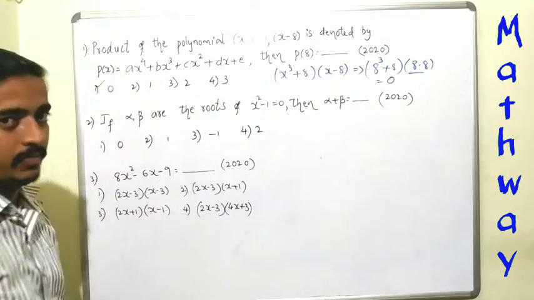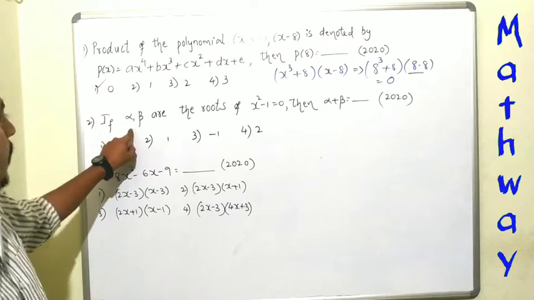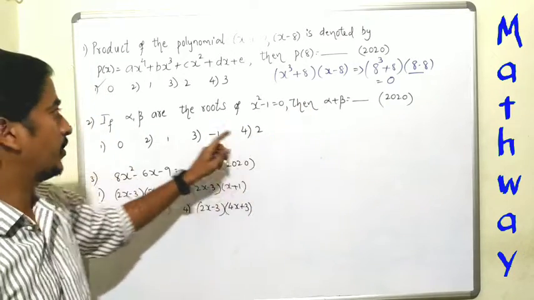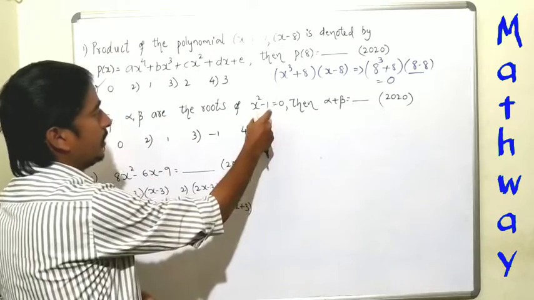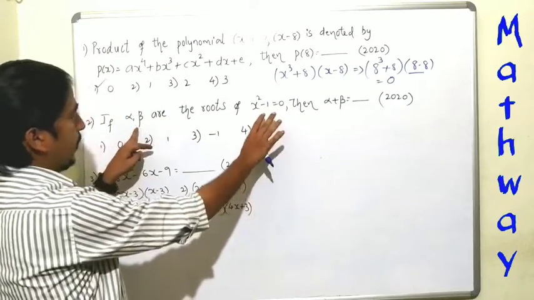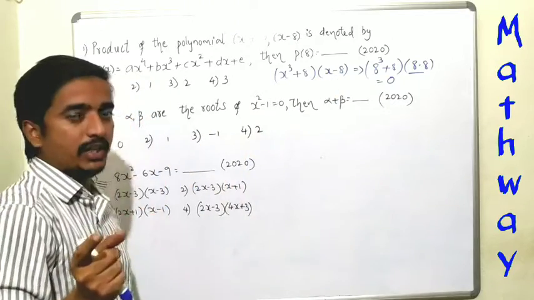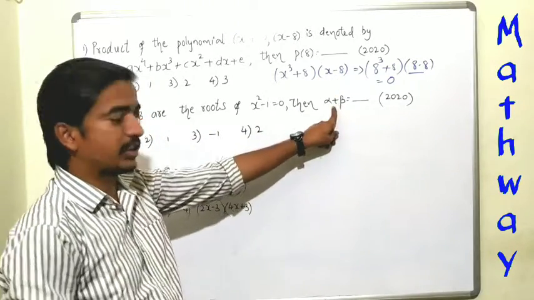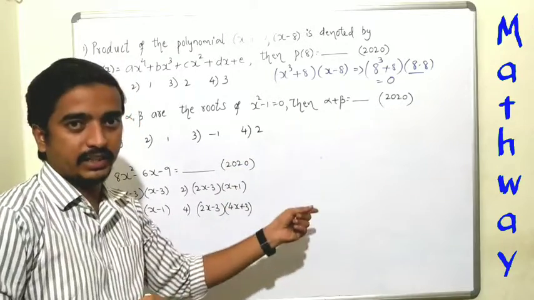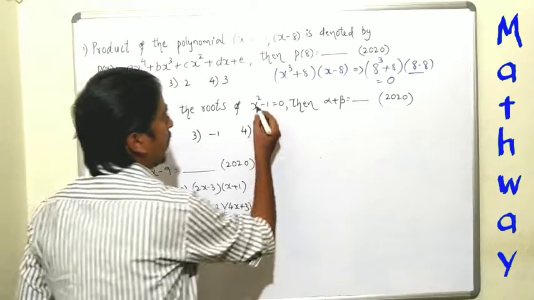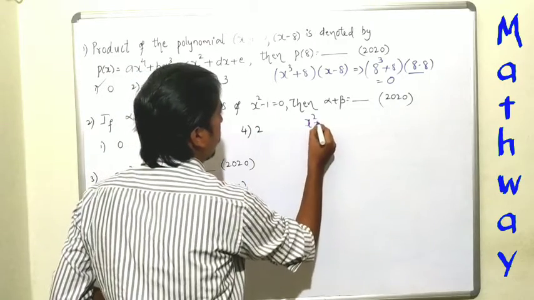Second question: if alpha and beta are the roots of this polynomial, then what is alpha plus beta? We learnt about the sum of the zeros, so we can use that technique here, or also different methods. What I am doing here is, x square minus 1 equals 0.